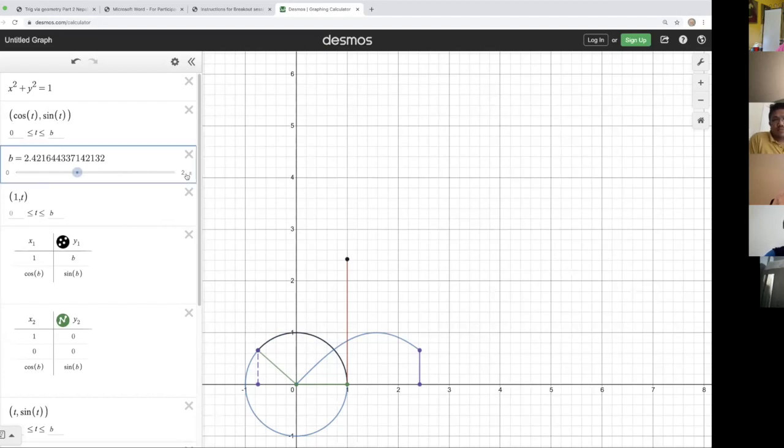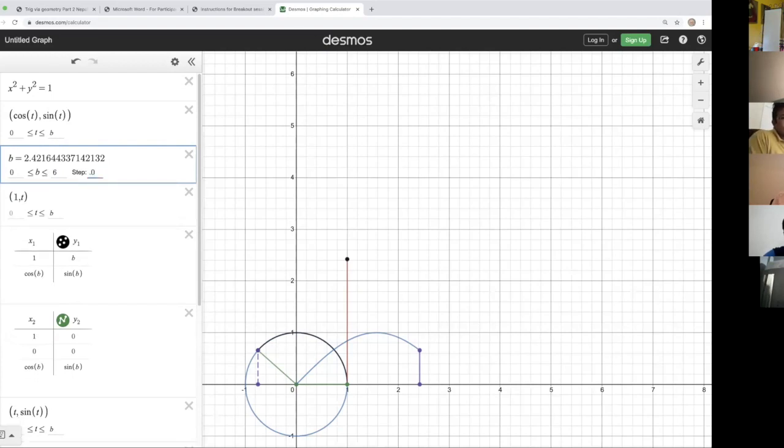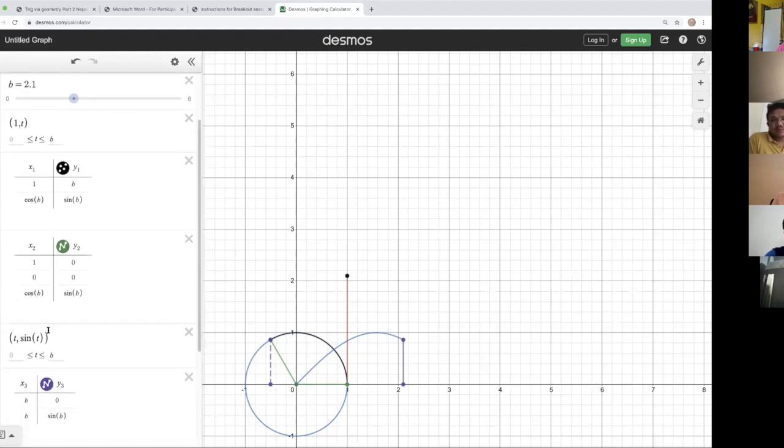So I'm just going to change this maximum to 6, and I'm going to change this to 0.01. So we can move and lengthen the green. The green then wraps and becomes the black. And then over here, this point is controlled by our third parametric representation.